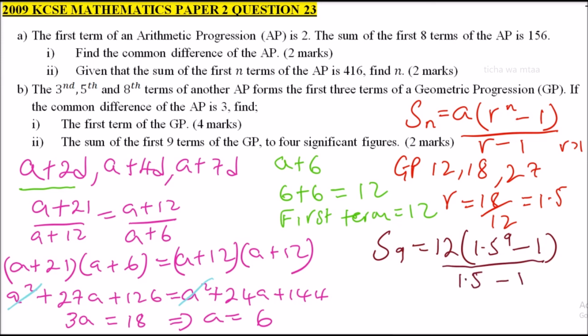Using your calculator, you should be able to get 898.6 and the other decimals. Because we have been told to write to 4 significant figures, we ignore the other decimals, so that is the answer to 4 significant figures. So that is how you work out that question.